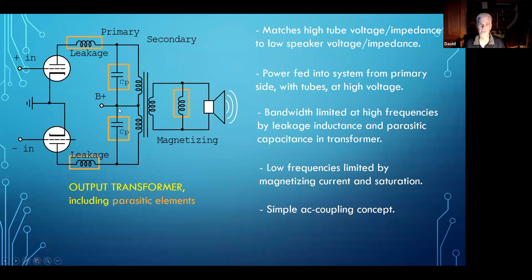You've got your B plus feeding your center tap, and so the tubes get their voltage from that. The bandwidth is limited at high frequencies by the leakage inductance that I've shown and parasitic capacitance in the transformer. The low frequencies are limited by the magnetizing current here and saturation. This is a simple AC coupling concept.